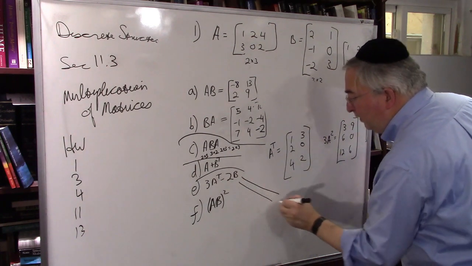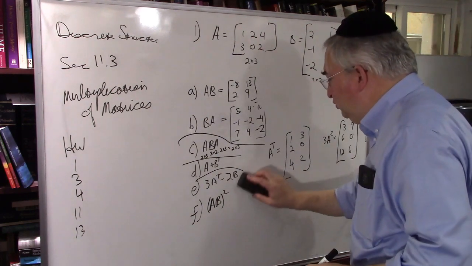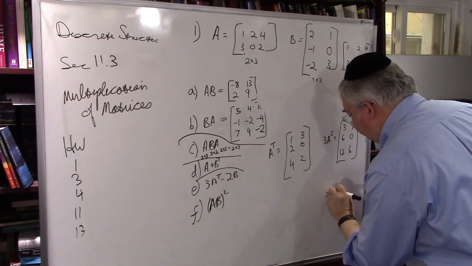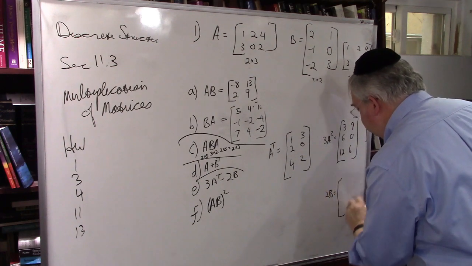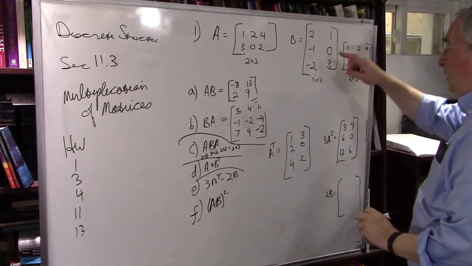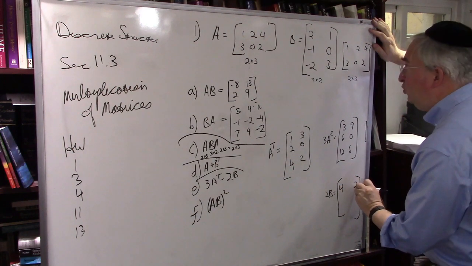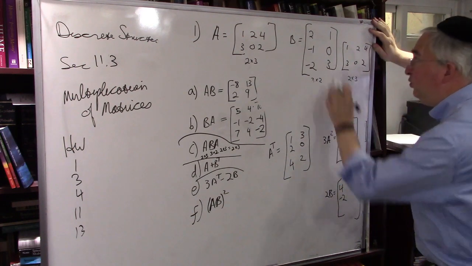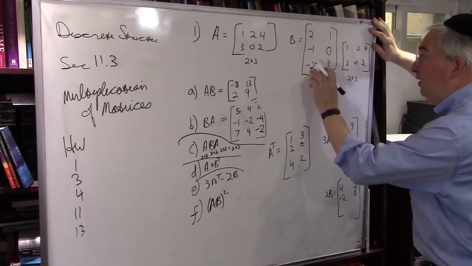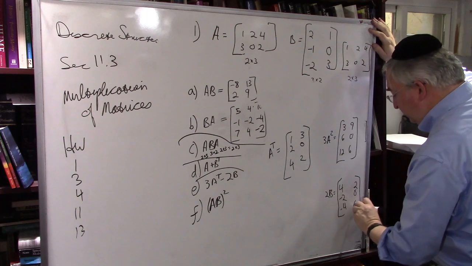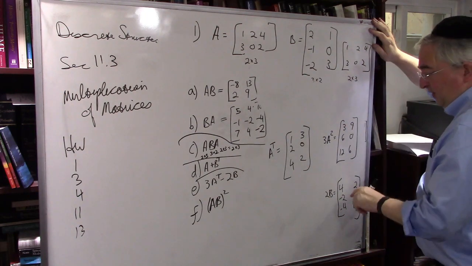Oh, I'm sorry, hold on. Let's do 2B. 2B is 4, 2, minus 2, 0, minus 4, 6. Okay, and now I do this minus this.